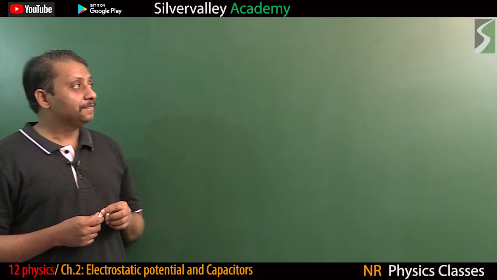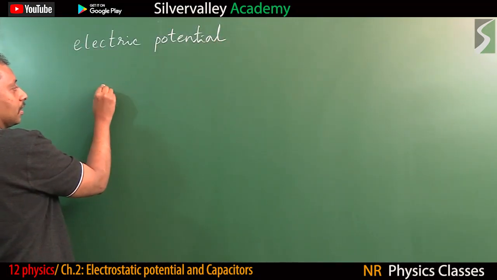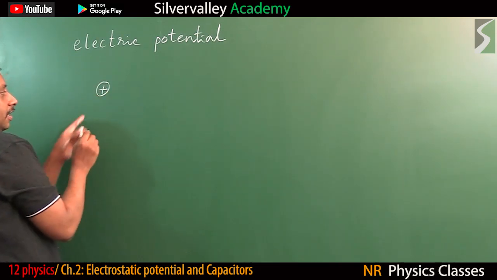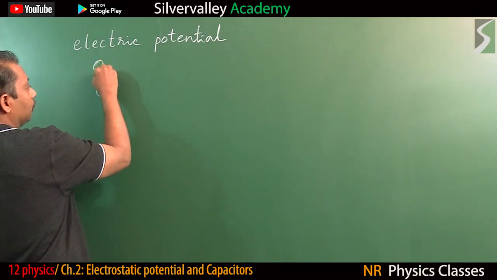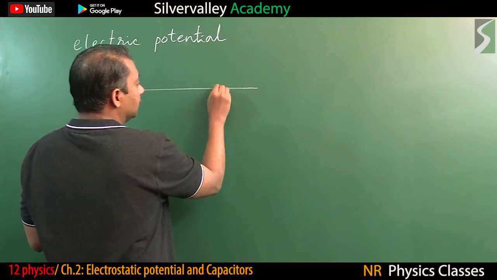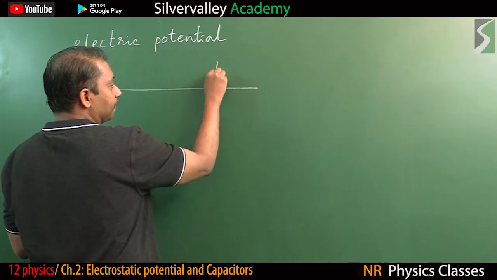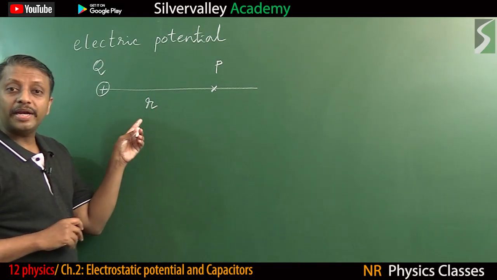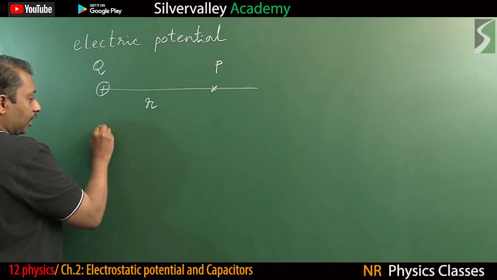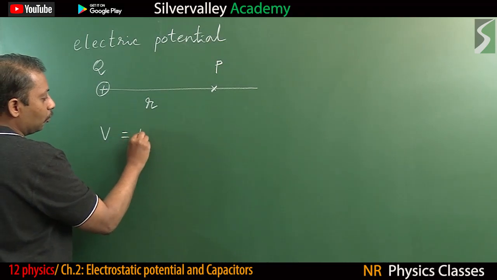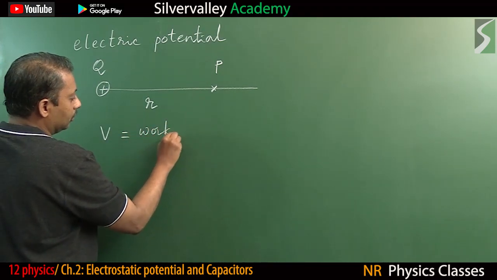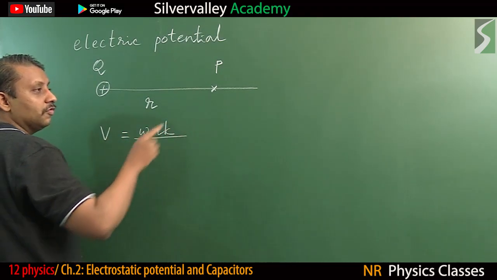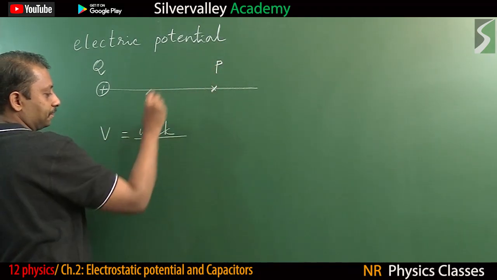Electric potential. Electric potential due to a point charge. Let this be a point charge Q. So potential at this point P at a distance R. By definition, electric potential is the work done to bring a unit charge from infinity to this point.